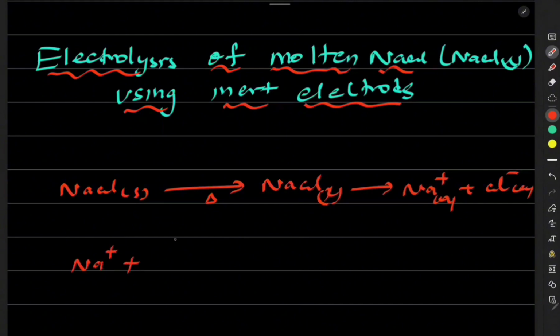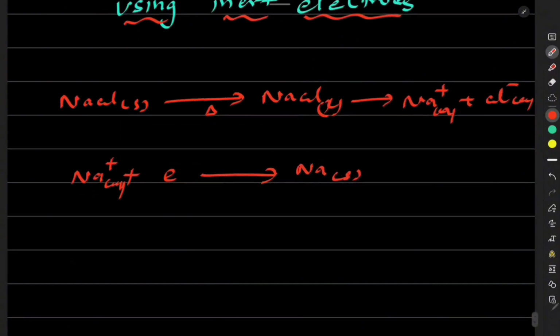Na plus plus an electron forms Na solid, and 2Cl minus forms Cl2 gas plus 2 electrons. Here, this is the equation.